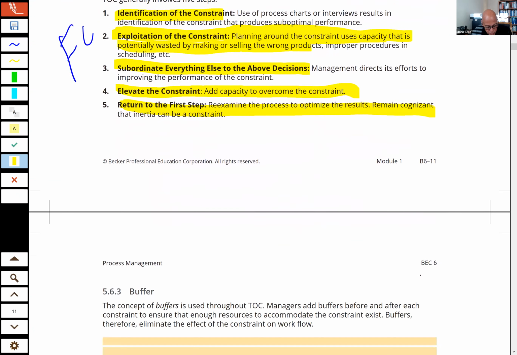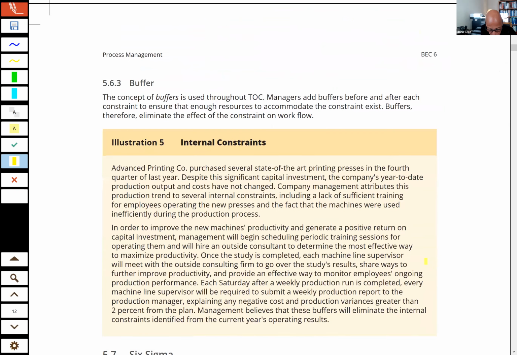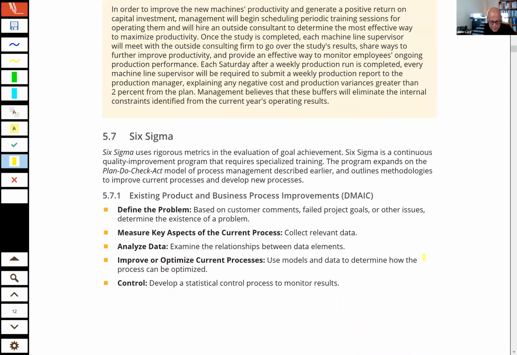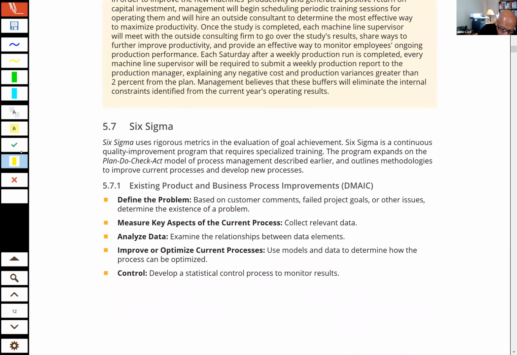Okay, good. Let's go ahead and take a look at this 6 sigma. Again, maybe you heard about some of these things in a management class at some point in time. 6 sigma is another continuous quality improvement program, an existing product process improvement. They call that DMAIC.